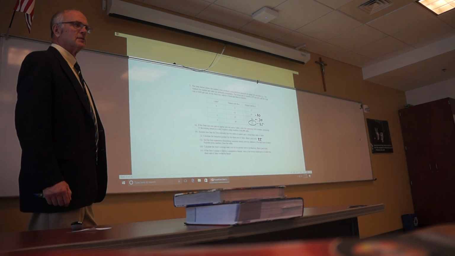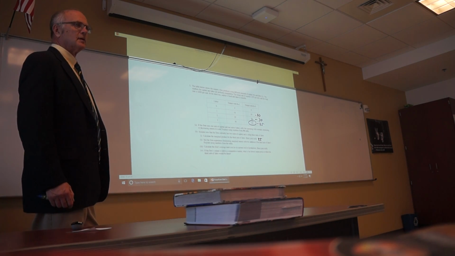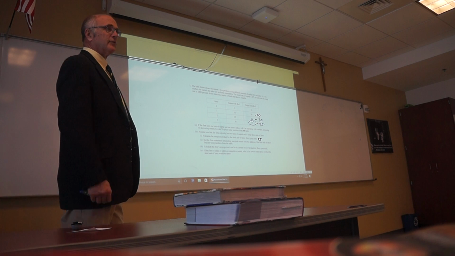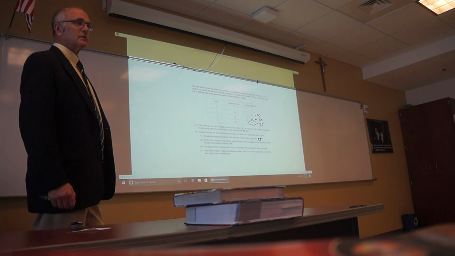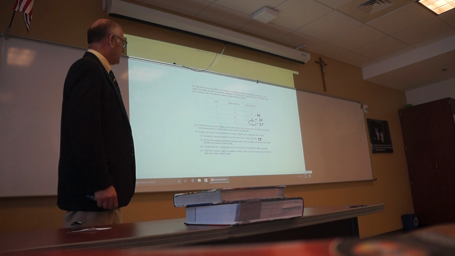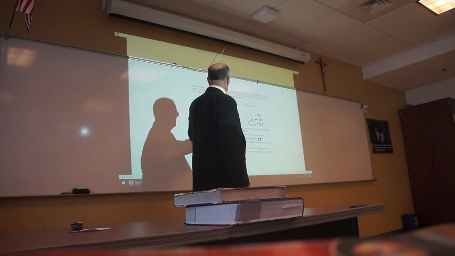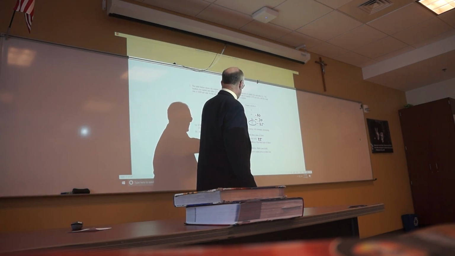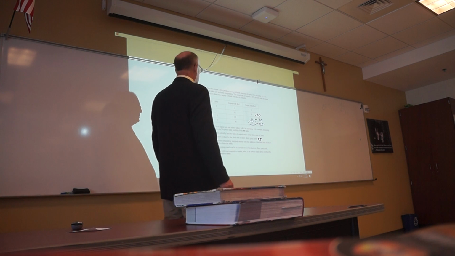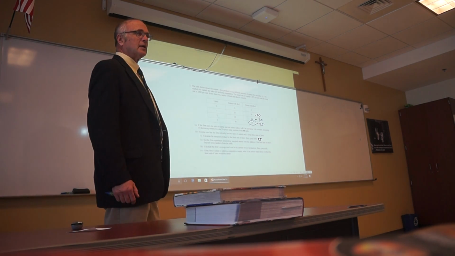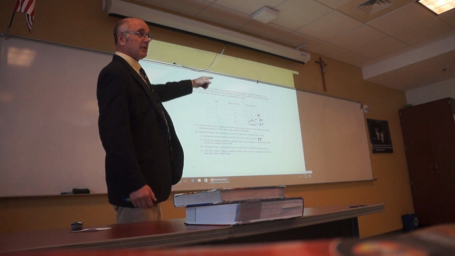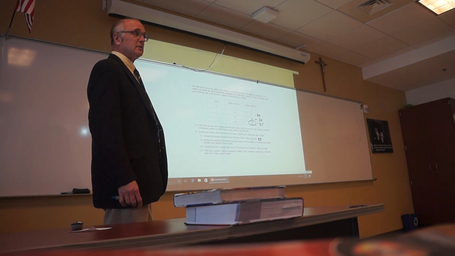How are you on this? I have no idea. You could figure out the total cost, right? I don't know where I'm looking. What did they give you? They gave you 2 units of capital and 3 units of labor, right? Okay. So look up there and figure out the total cost.